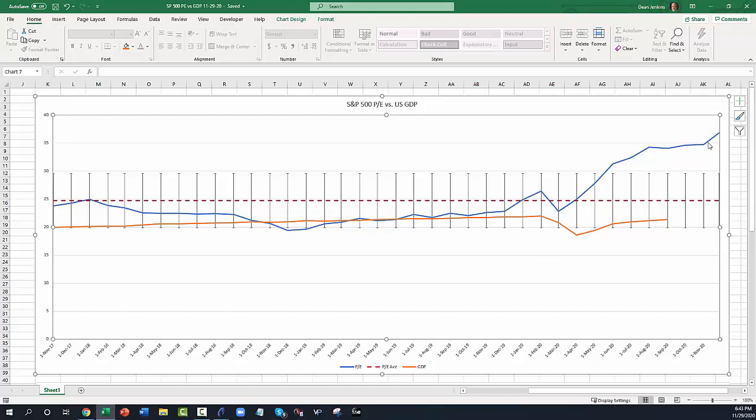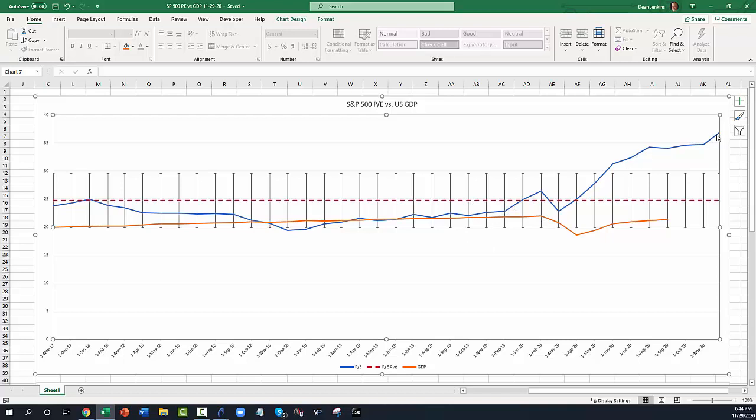Every company is a little bit different, but this is for the entire S&P 500. And right now, you can see the PE ratio for the S&P 500 is 36, 37. This dashed red line is the average for the last two decades, and historically, that's about right. Over the last decade or two, just under 25 PE ratio is the average for the S&P.